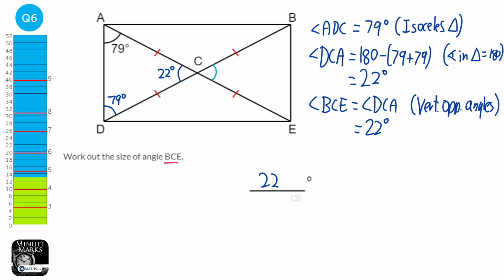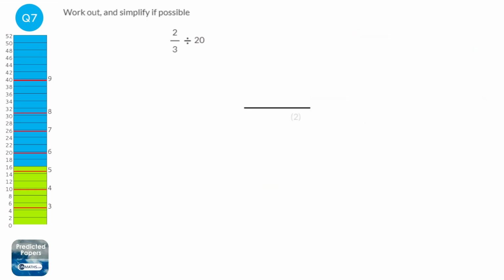We can rewrite this question as 2 over 3 divided by 20 over 1. So whenever you have an integer, it's just the same as that integer over 1. Now the rule is that we're going to keep, flip, and change.